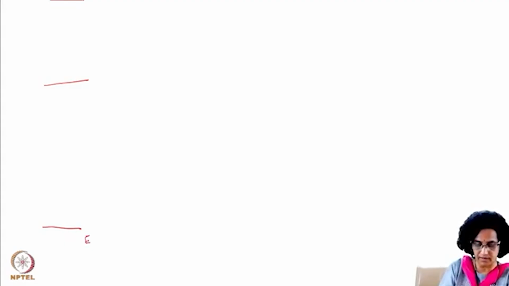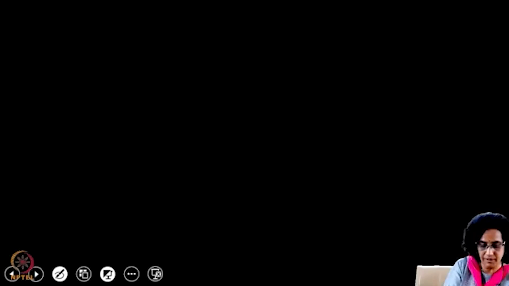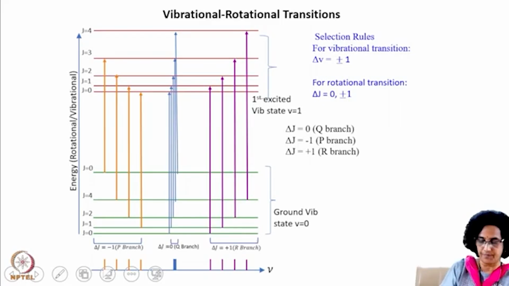Now, what we have seen is that you have the electronic energy levels, which are very far apart. This is the ground electronic level in the case of a molecule. And in the ground electronic level, we have the vibrational levels, which tend to get closer as you go up.